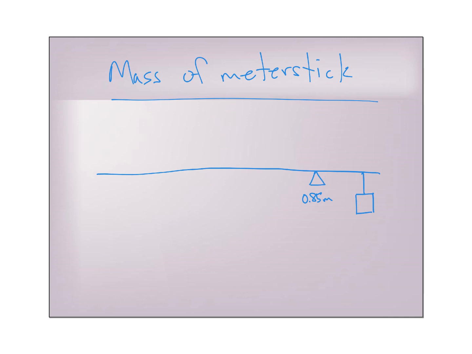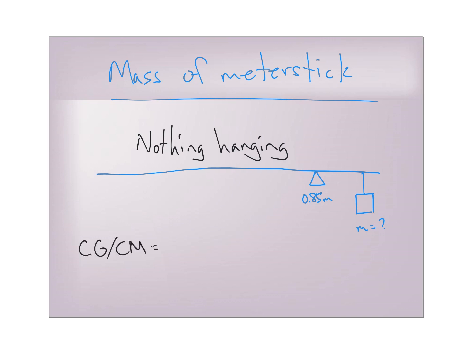You're going to have some mass that balances your meter stick, and take note, over here there is nothing hanging over here at all. You're just going to get the meter stick to balance itself out, so it's level. There is a force or a mass on that side, and it's the mass of the meter stick. The center of gravity, center of mass location of your meter stick should be about at the 50 centimeter or 0.5 meter mark.